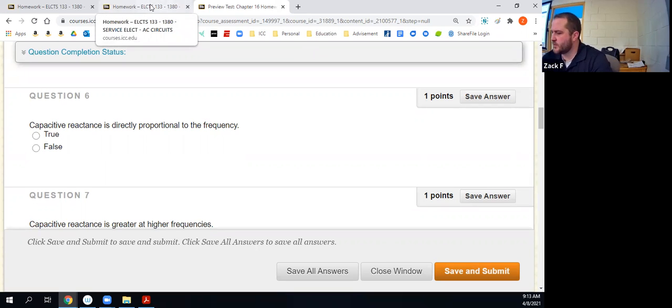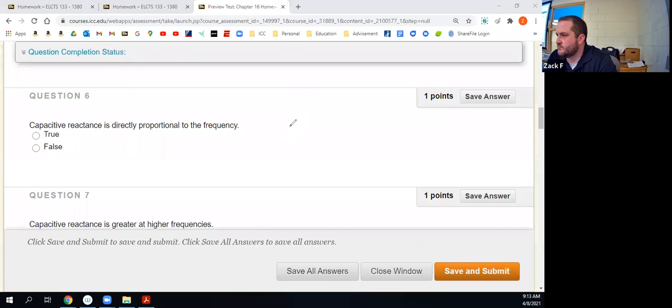If something is inversely proportional, what does it mathematically look like? If Lewis is inversely proportional to Chris, how do we write it mathematically? Yeah, 1 over Chris.